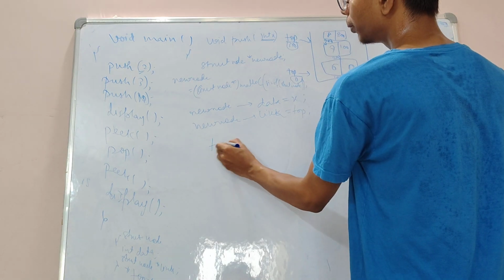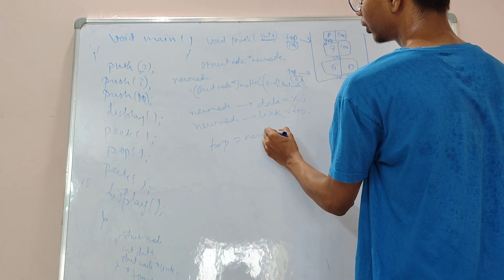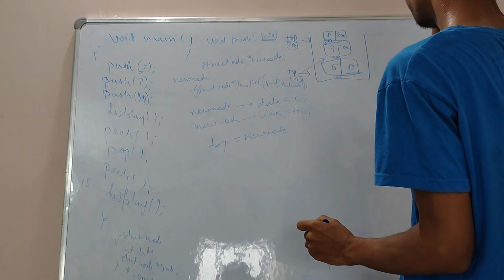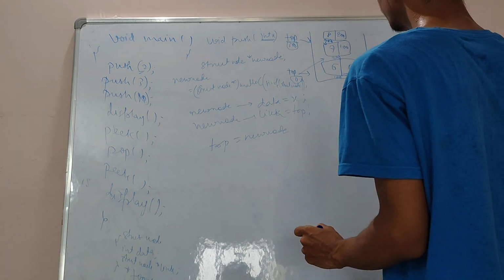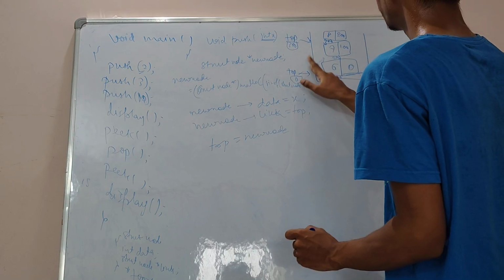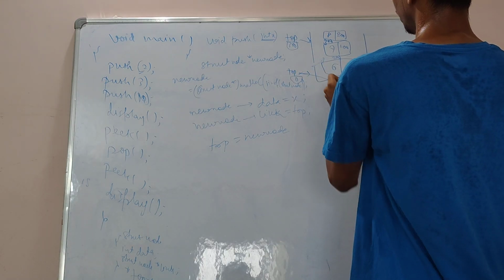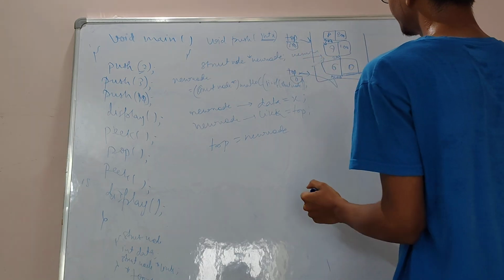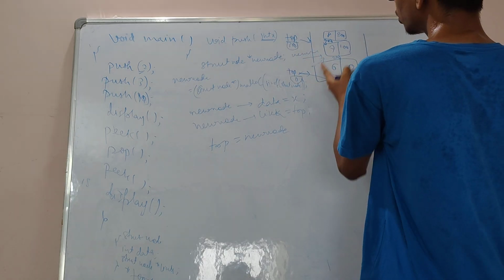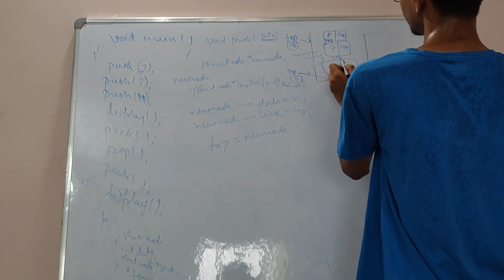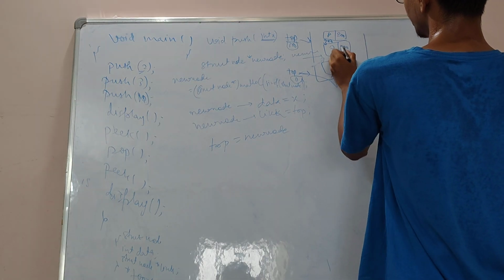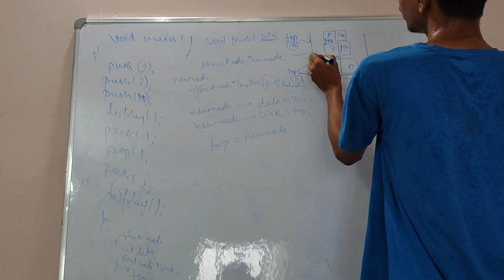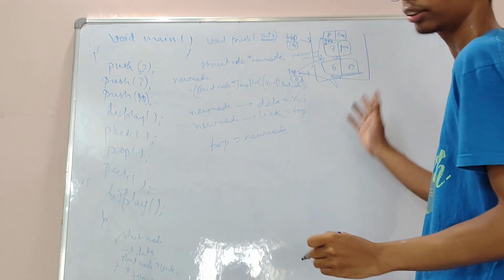Now top will be equal to new node. So top will be pointing here now, and then new node will be pointing here. So at that time in new node's next part I will store this again. So here will be 100, and then top will be equal to 200, then it will go here, and then it will go here accordingly.